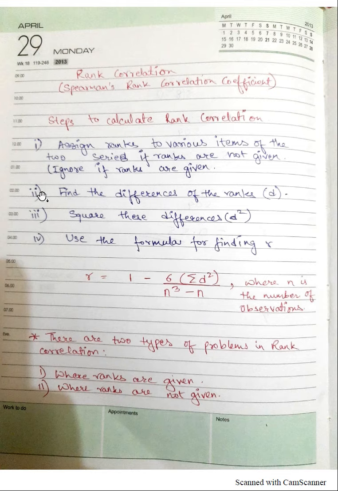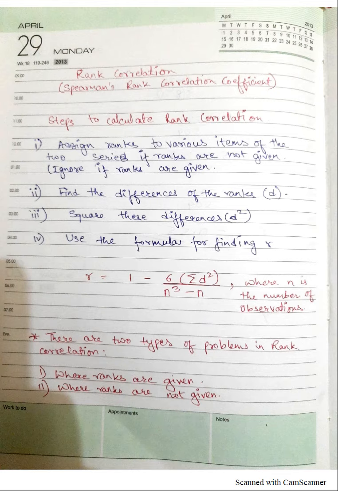Once you find the rank, the second step is to find the differences of the ranks, that is D. To find the correlation coefficient, you are always dealing with two variables. Let us suppose x and y. If we are already given the ranks of x and y, we just subtract the rank of y from the rank of x.